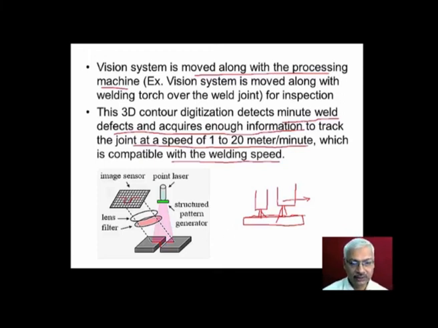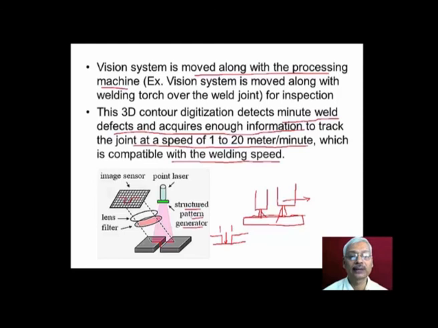So here you can see there are two workpieces placed, and we need to check what is the depth and what is the width. See, the width information is required as well as this depth information is required. Now you can see this is the point laser source and then structured pattern generator.